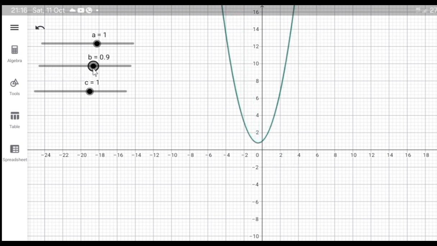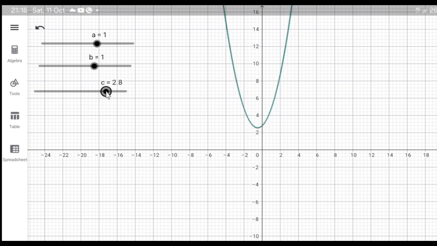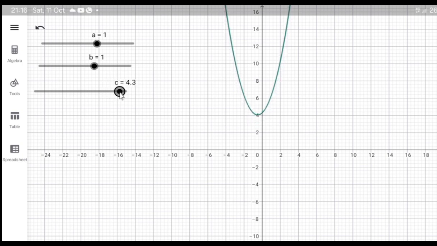Now, where the magic falls so much is on the C. When C becomes too positive, you see that it is going up, up, up, up. You see what is happening? Now, the bigger that C gets, the higher the possibility of not getting a real root at all.